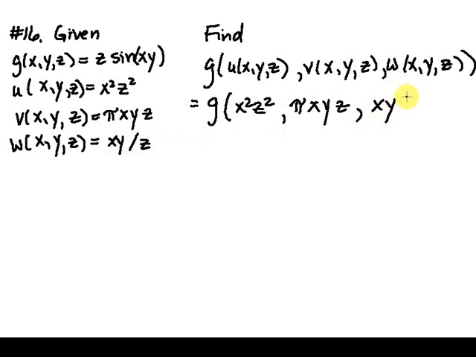So here's xy over z. Alright, so all we've done at this point is replace the function u with what it's equal to, replace the function v with what it's equal to, and replace the function w with what it's equal to.